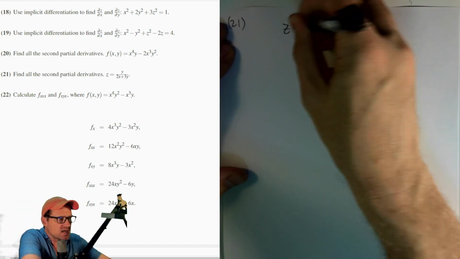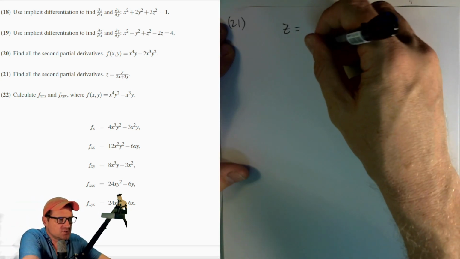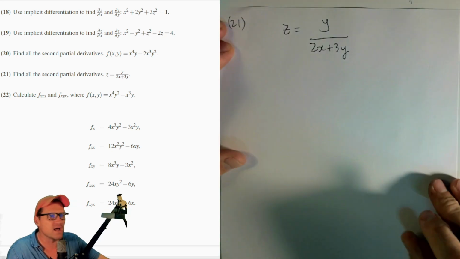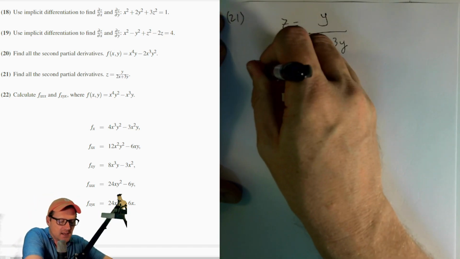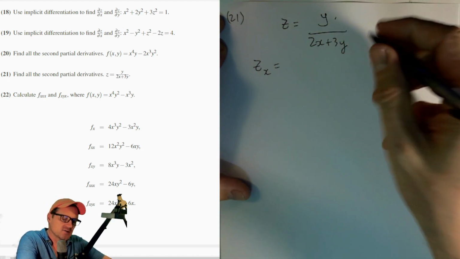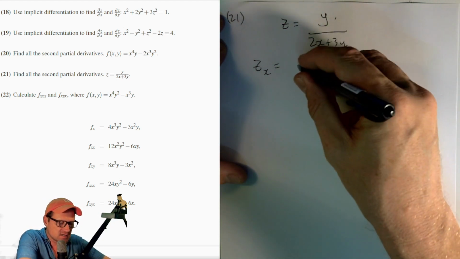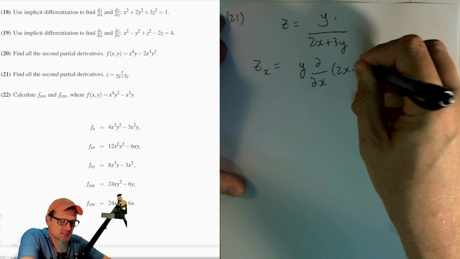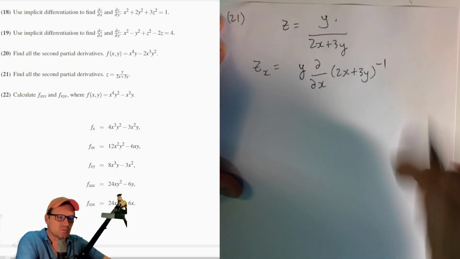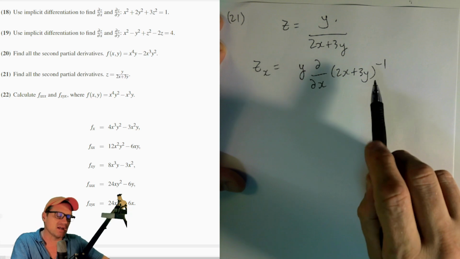Question 21. So z is equal to y over 2x plus 3y, and we're asked to find all second partial derivatives. So z subscript x. Now y is not x, so I can treat that as a constant. Pull that out the front, differentiate with respect to x, 2x plus 3y to the power of minus 1. Now we need to use the chain rule on this.